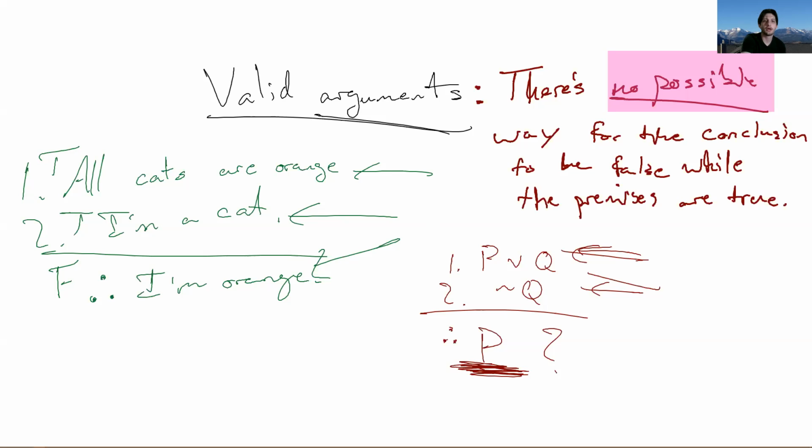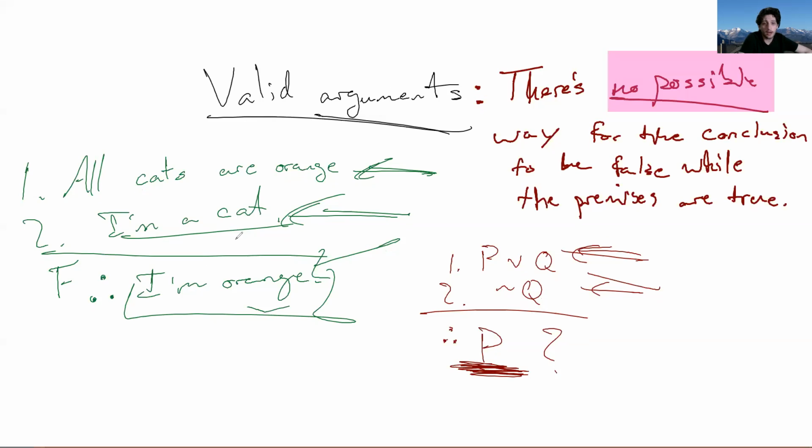This is one of my go-to arguments for something where it should be clear. This is a valid argument, because if you did think that all cats were orange, or you go to that fantasy world where all cats are orange, and also in that fantasy world I'm a cat, well, there's no possible way that I'm not orange.